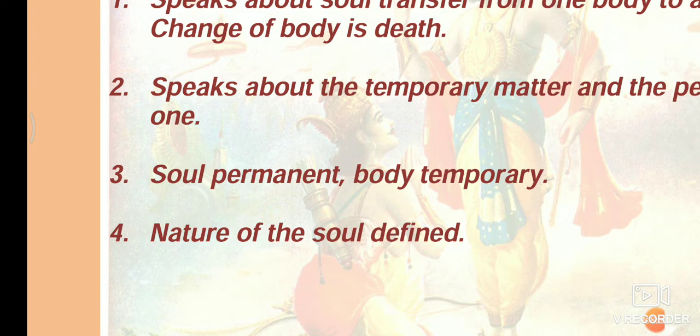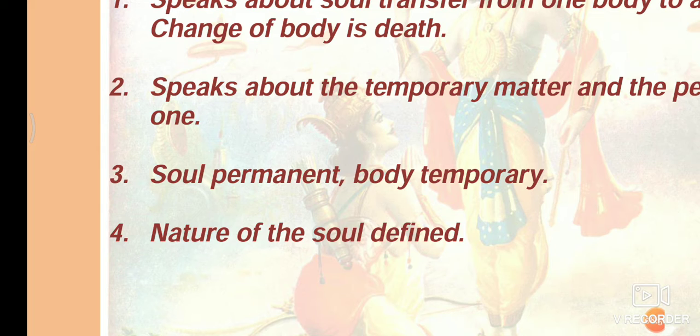He gives various examples, like how the body is like a cloth: just as the cloth gets worn out and we change it and take up a new cloth, in the same way the soul, after this body wears out and becomes old, throws this body, which is comparable to a dress, and takes a new dress, which is called new life or a new body. In this way he gives various examples and proceeds. In the meantime, he explains various other concepts also.